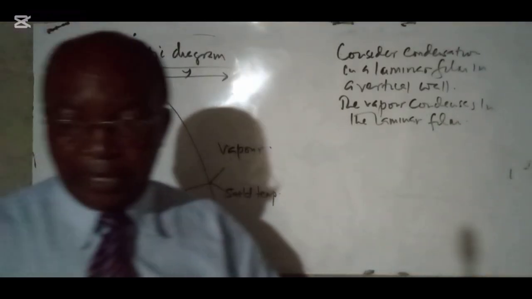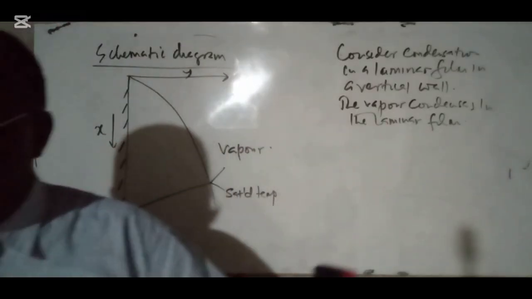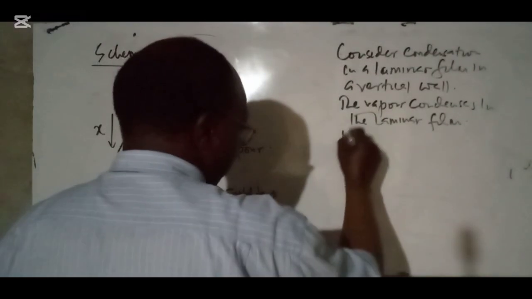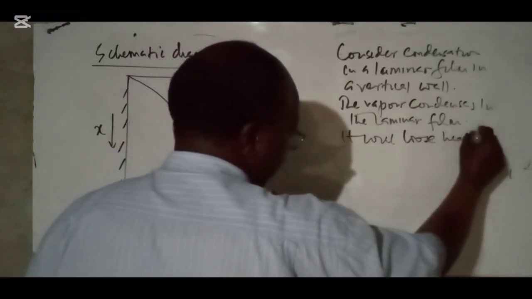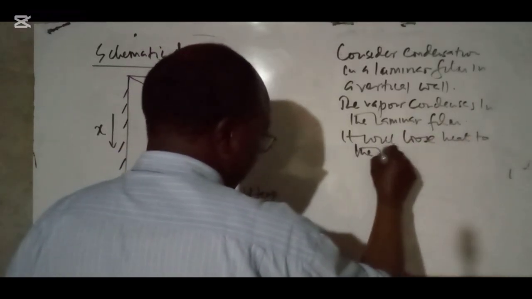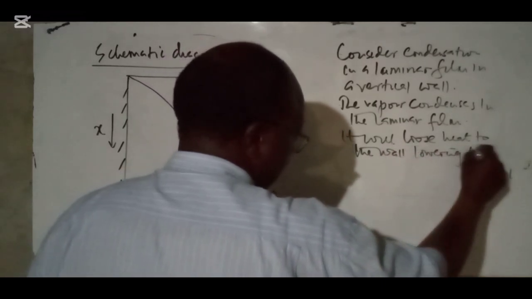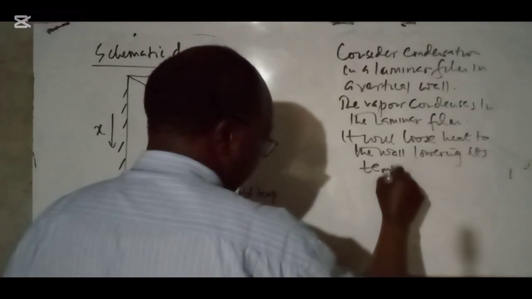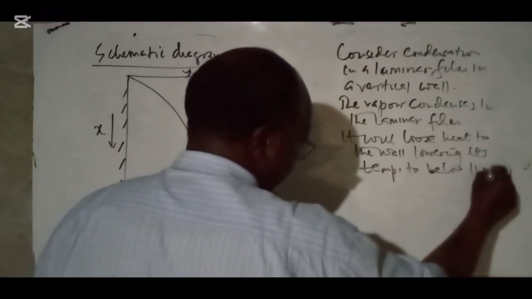It will lose heat, so that its temperature will tend towards being lower than the saturation temperature. It will lose heat to the wall, lowering its temperature to below the saturation temperature.